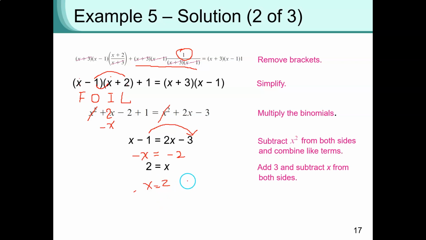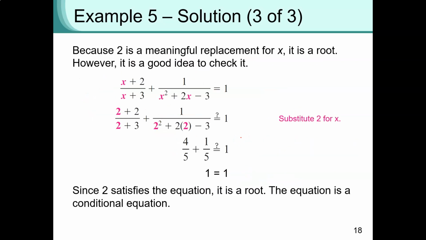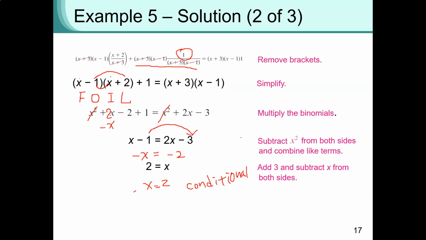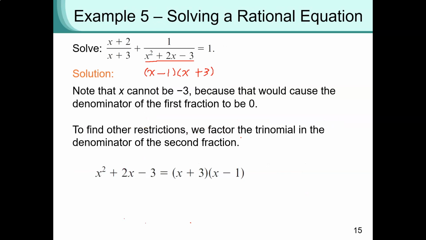So this is one particular solution, which is the conditional equation. Okay, now when we solve for x equals 2, let's go back to look at the equation itself. When I have the 2 added into the first term here, this is okay, it's 5.